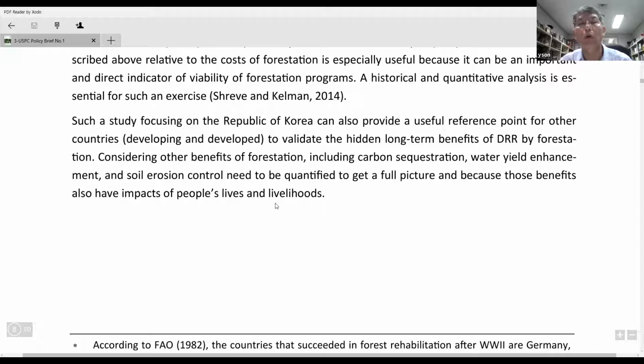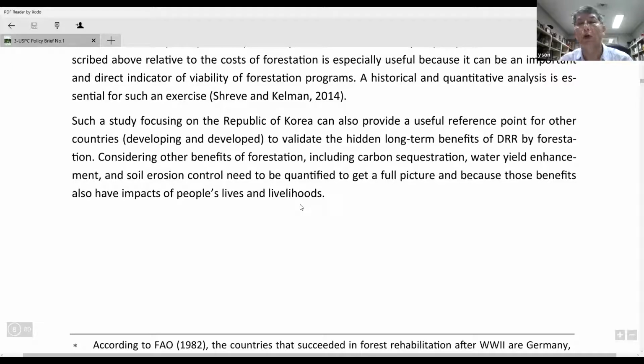So actually we quantified and showed that reforestation would be useful for those ecosystem services. Especially, as you see here, these benefits have an impact on people's lives and livelihood.